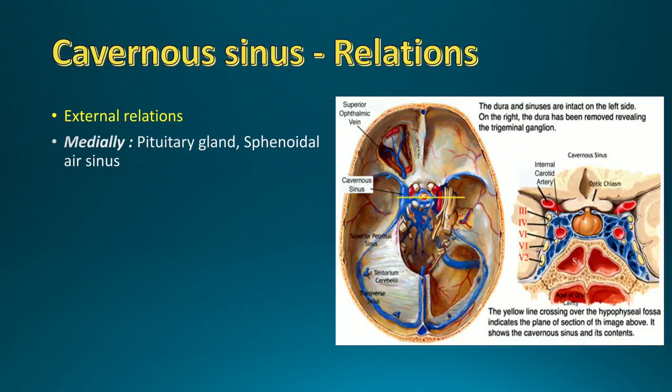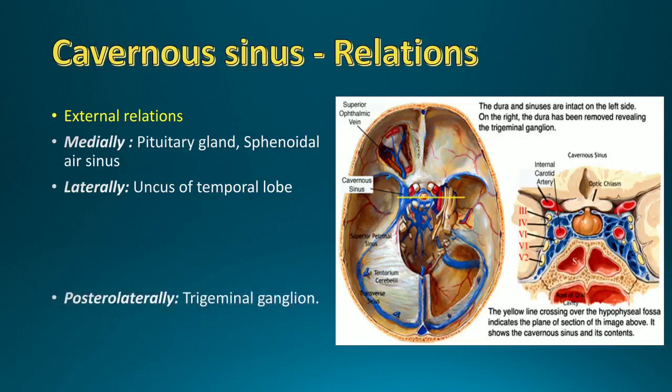Next, laterally, the external relation is mainly the uncus of the temporal lobe. The uncus, which you are able to see here, is the part of the temporal lobe that is somewhat hook shaped and bent, and that is called the uncus of the temporal lobe.